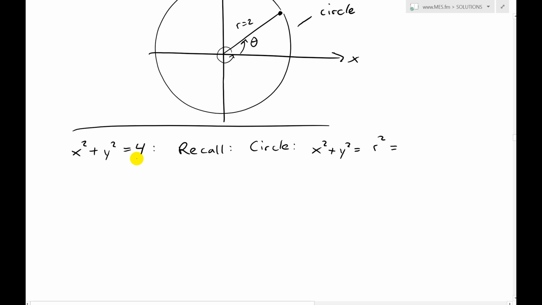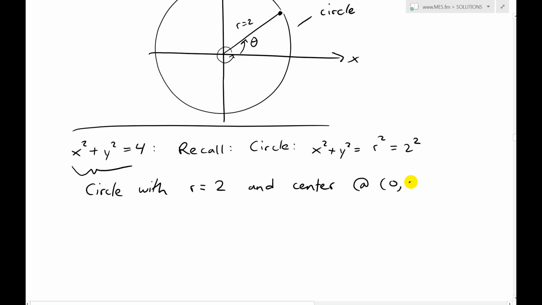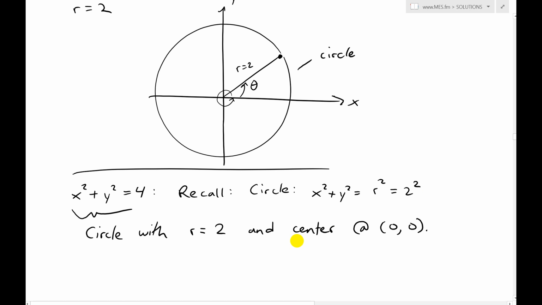In this case, it's 4, so it's just equal to 2 squared. Thus this also represents a circle with radius equal to 2, and the center is at the origin, 0, 0. So it's the same exact one as this right here.